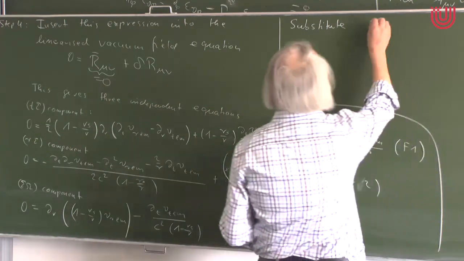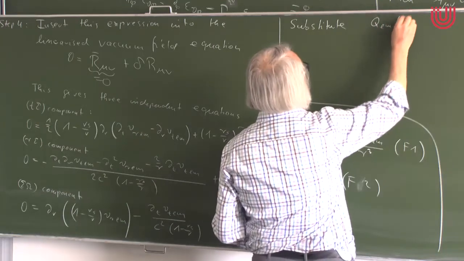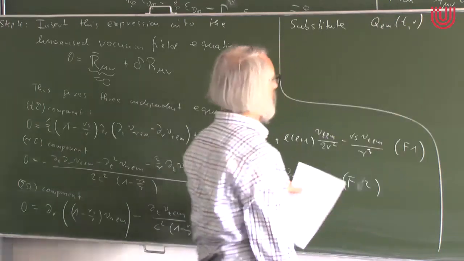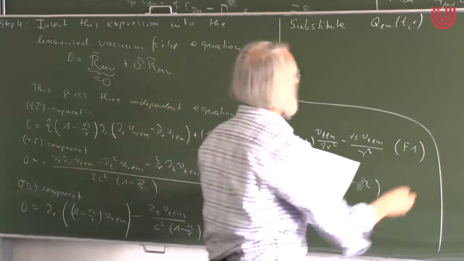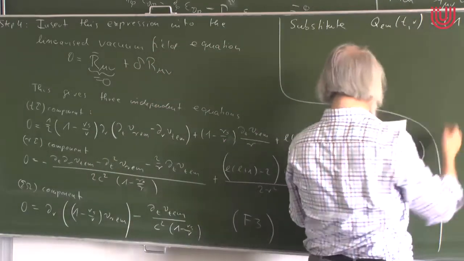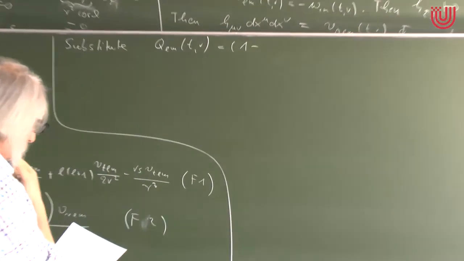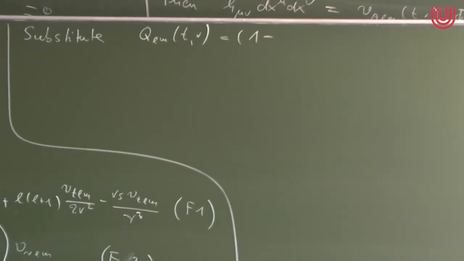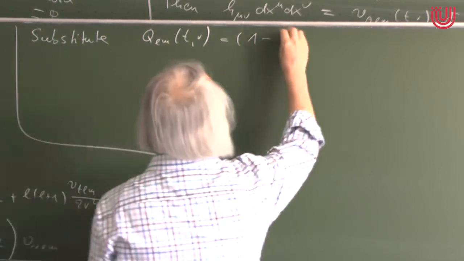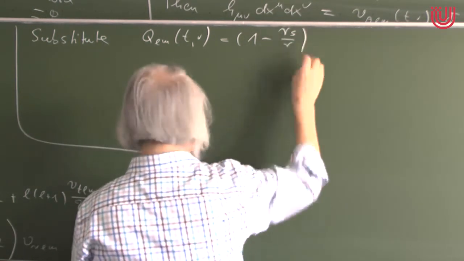So we introduce a substitution. So we introduce a new function QLM, which is 1 minus, I have again R over RS. That's not true, RS over R. I always made this misprint, I guess.